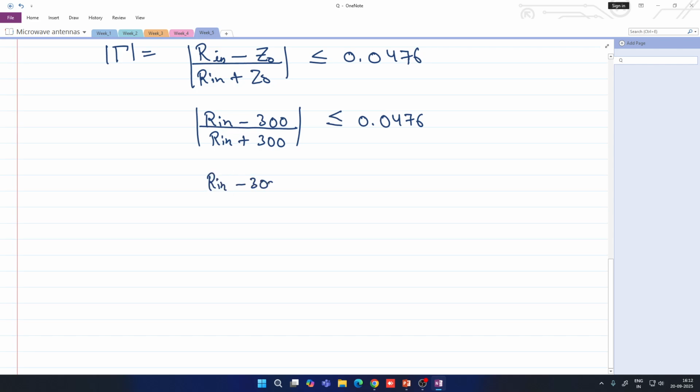Since resistance is not going to be negative, R in plus 300 is already positive, so we can remove the modulus on the denominator.